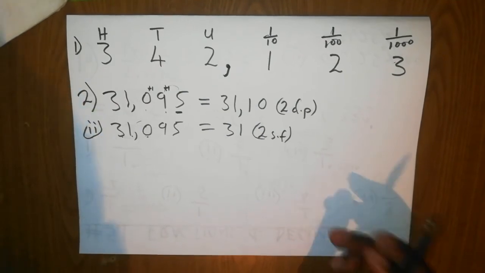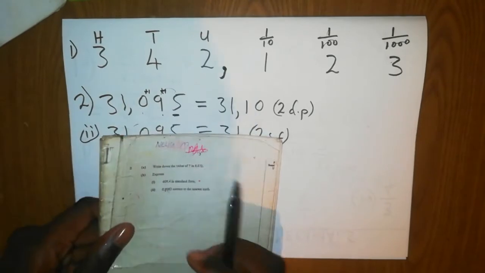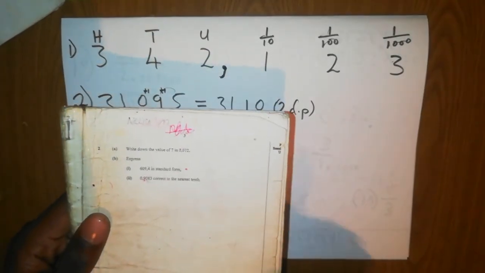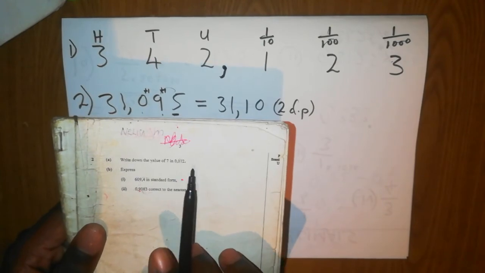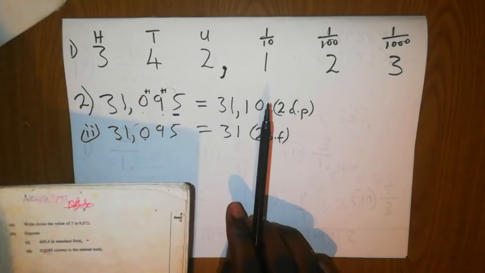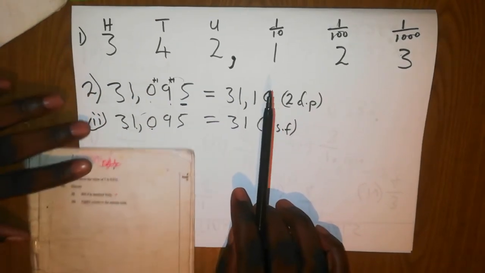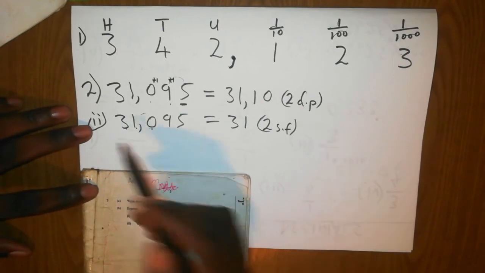Then the other question here, I've got my compressed question paper. In this case, write down the value of 7 in 0,072. We want to apply this concept. This is November 2005, number 2A.